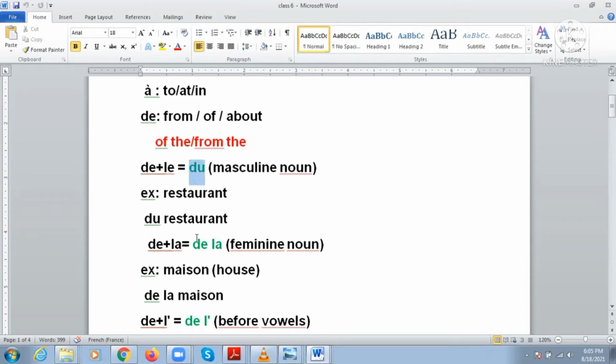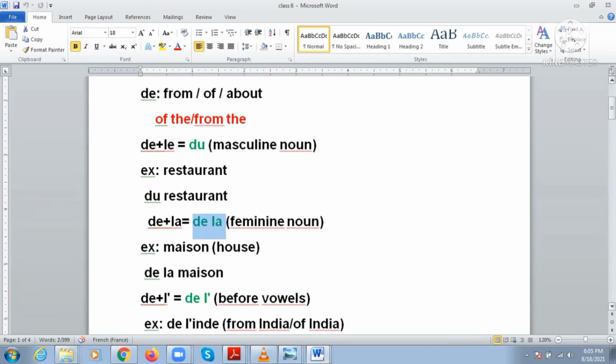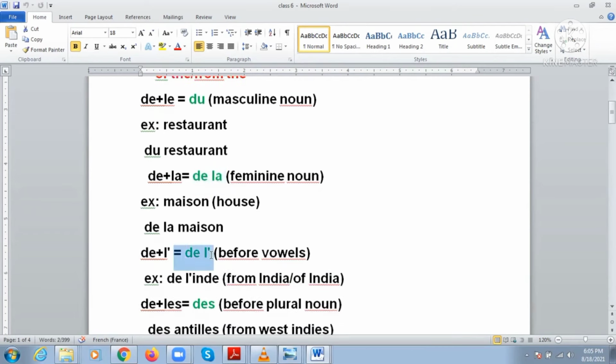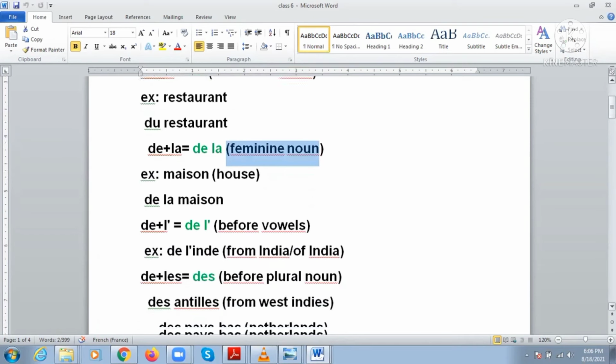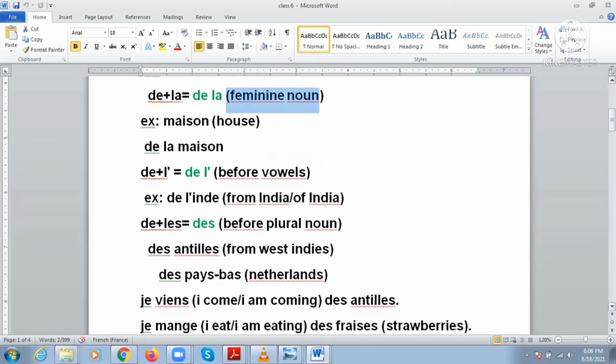One is du, de la, de l' apostrophe, des. Four of them mean the same, of the, from the. They are different because the usage is different. Like du is used before a masculine noun. De la is used before a feminine noun. De l' before vowels. Des before a plural noun.